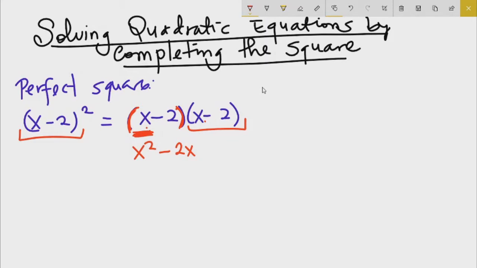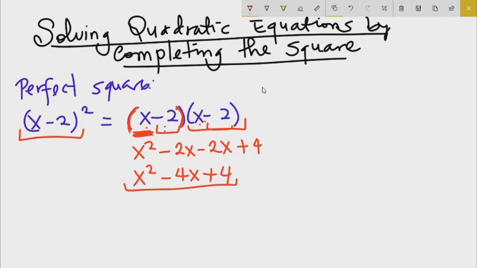Then, since we are done with that, we now come to -2. -2 multiplied by x will give us another -2x. -2 multiplied by another -2 will give us +4. So this becomes x² - 4x + 4. So we know that x² - 4x + 4 is a perfect square.